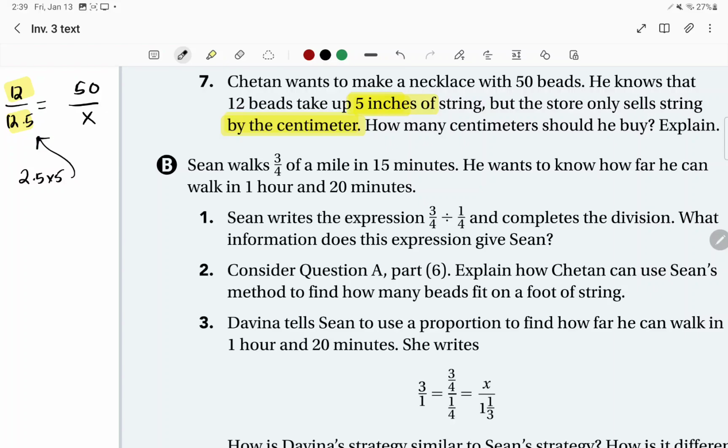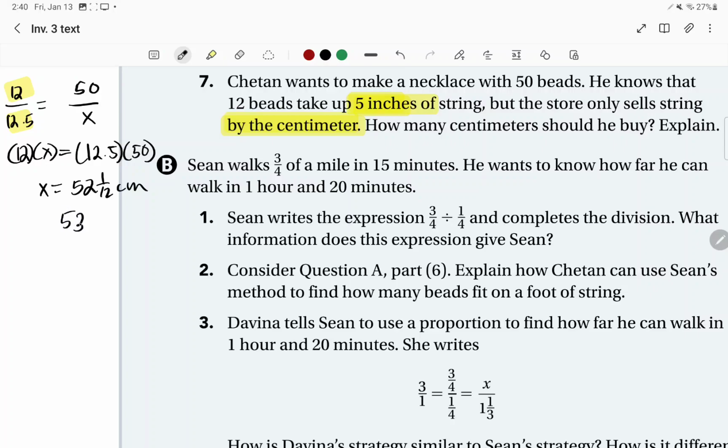Okay, and we want to know then, I have 50 beads, what's the length of string that I'm going to need for 50 beads? And then when we solve from here, we go ahead and cross multiply, and then we're going to take 12.5 times 50 divided by 12, and you would end up with 50 beads taking 52 and 1/12 centimeters.